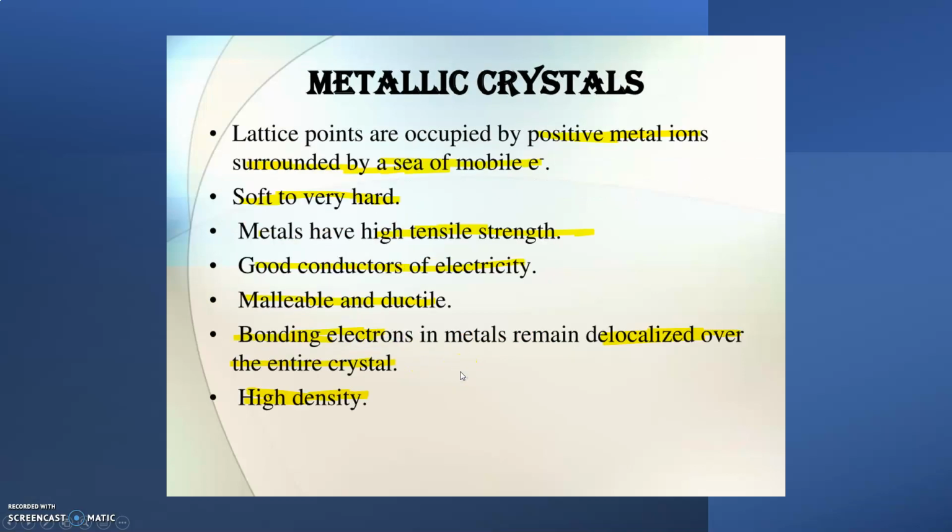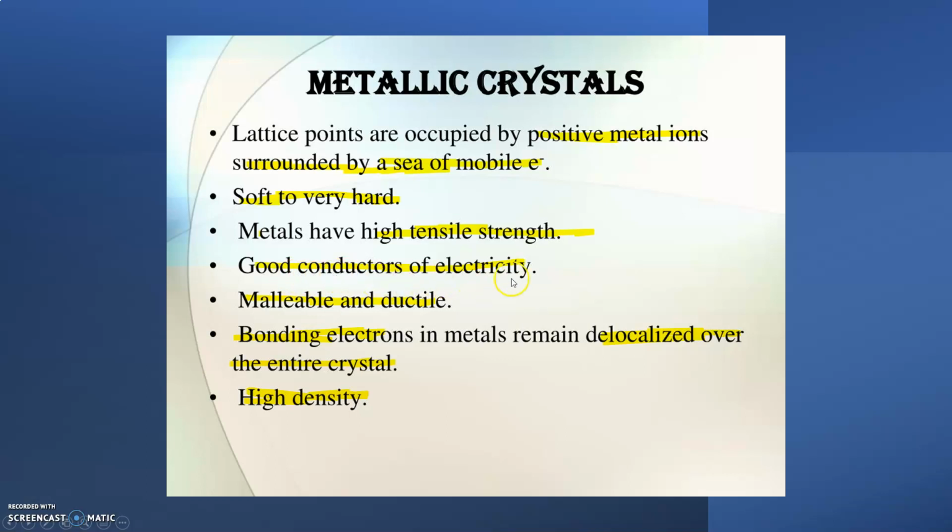The metallic crystals are made of positive metal ions surrounded by a sea of mobile electrons. These are the valence electrons. They are soft to hard. They have high tensile strength.